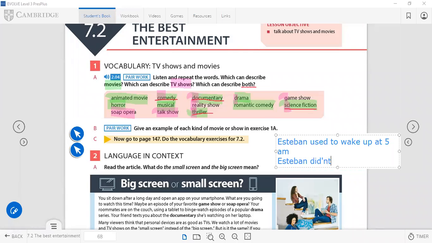Didn't use. So one more time, used to in affirmative, didn't use, just the base form. That's only the example for positive and negative. Okay.